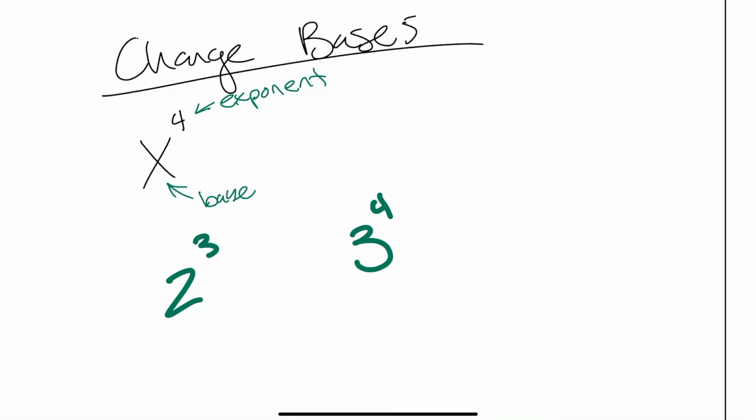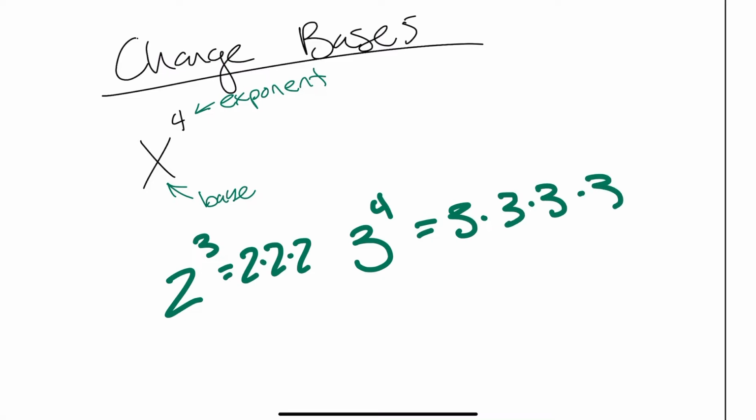So with these, we still want to keep in mind that this is the same thing as saying 2 times 2 times 2. This is the same thing as saying 3 times 3 times 3 times 3. So we have 4 3s, we got 3 2s. Whatever your exponent is, that's how many of that base you are going to multiply by itself.